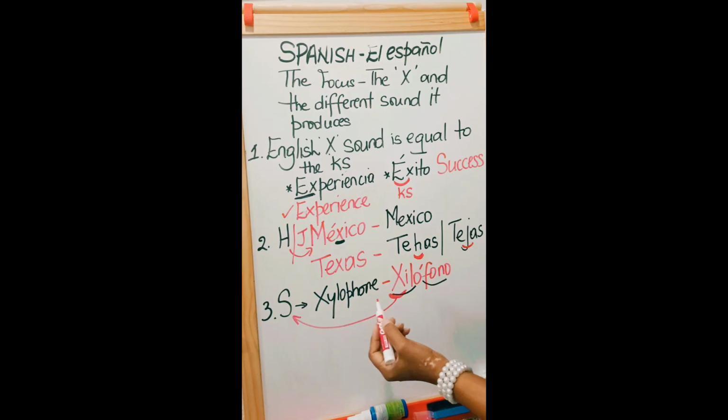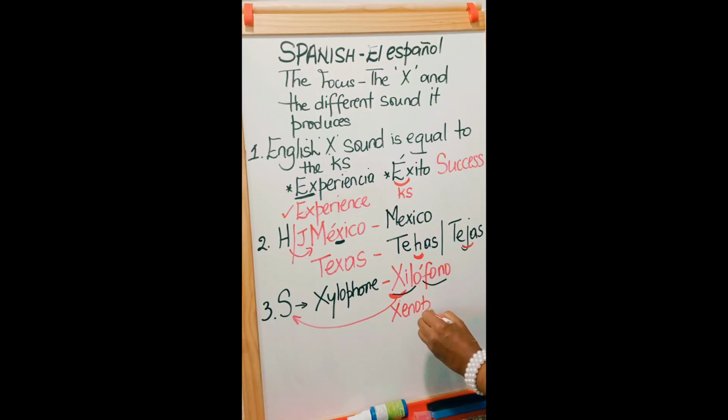The other X word is xenophobia. And of course in English it sounds like a Z. The X for us sounds like a Z. So we're looking at the other X word. XENO. We're almost through. Just another example and we will be through. XENO PHOBIA.